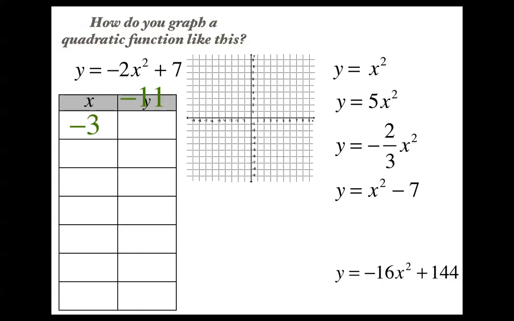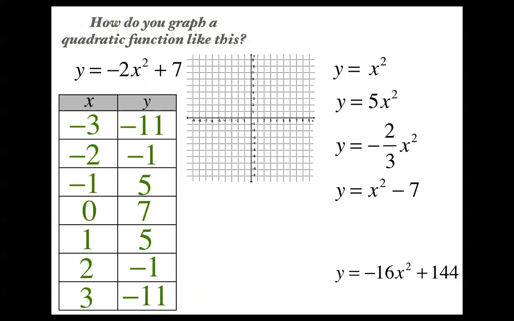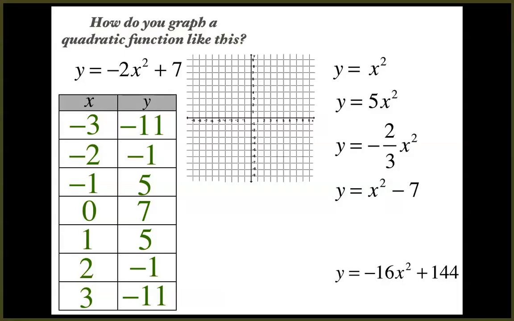So, I'm just going to do the work for you really fast here. But in case you're wondering where I got those numbers, here's where they came from. To get this negative 11, I plugged negative 3 in for x, and I did negative 3 times negative 3.